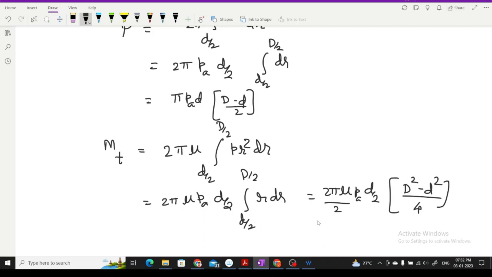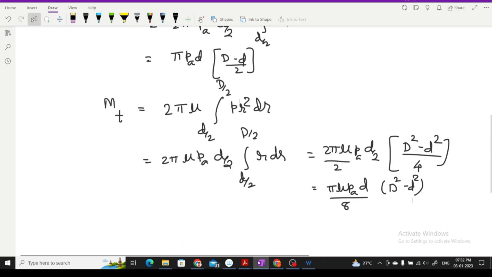This will give you pi mu PA d by 8 into (D square minus d square). So this is how you get your frictional torque.